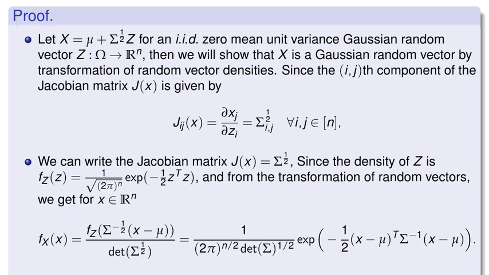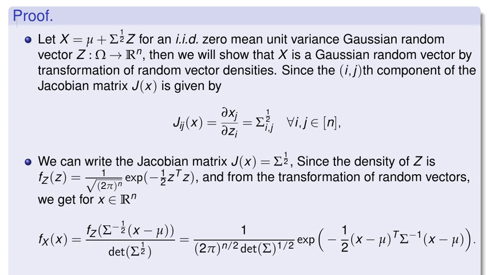The density of the standard Gaussian vector z is f_z of z equals (2 pi) to the minus n over 2 times the exponential of minus 1/2 z transpose z.